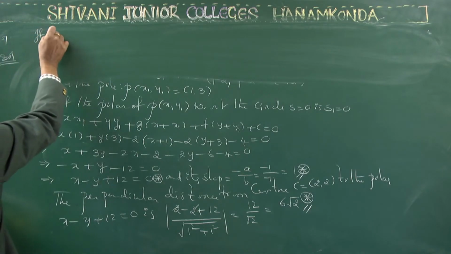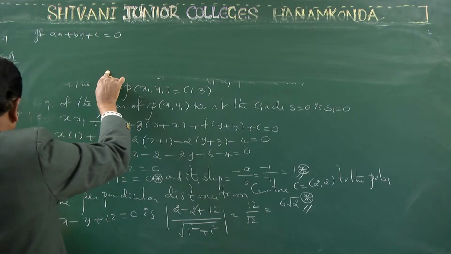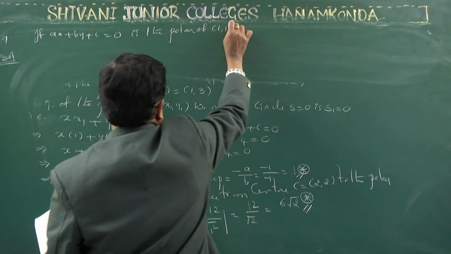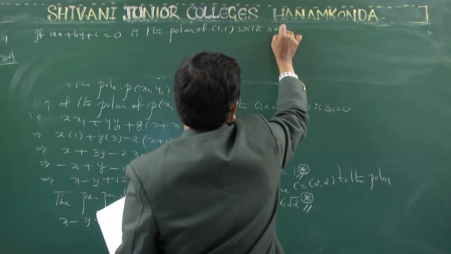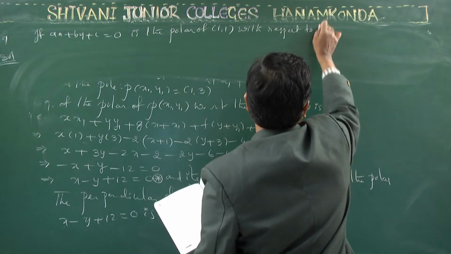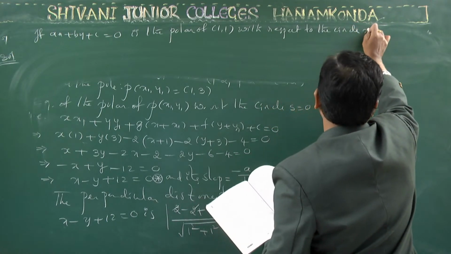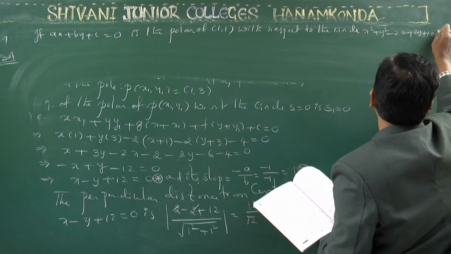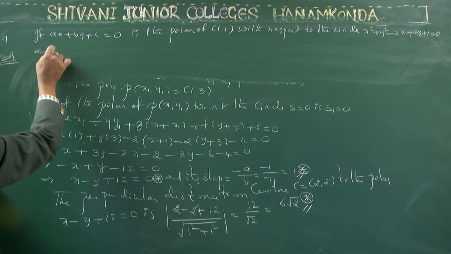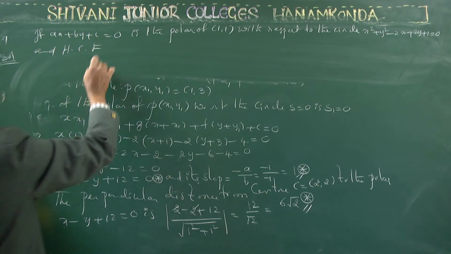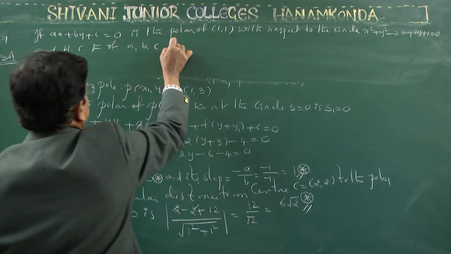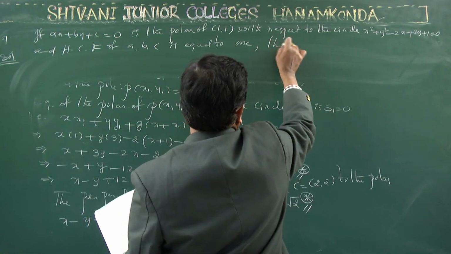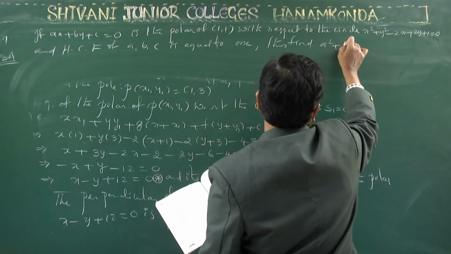If ax plus by plus c is equal to 0 is the polar of 1, 1 with respect to the circle x square plus y square minus 2x plus 2y plus 1 is equal to 0, and HCF of a, b, c is equal to 1, then find a square plus b square plus c square.